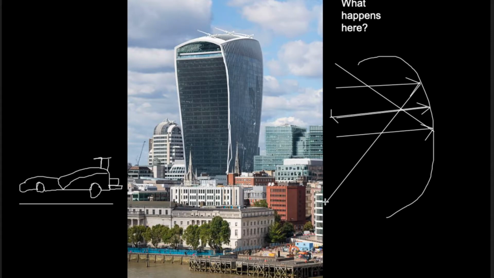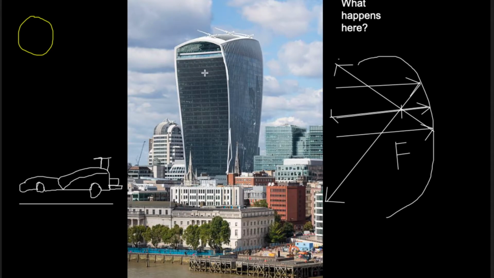So as you can see, this is our image right now. And what do we call that one point? We call that point the focus. This is basically what happens here.